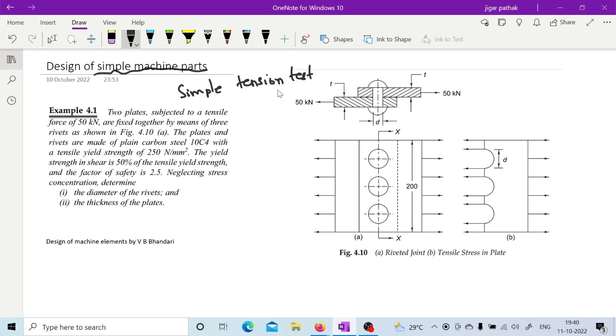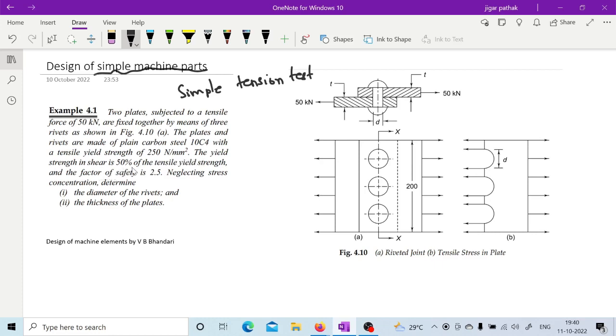So once you have an idea about this simple design procedure, then you can attempt this simple problem. It is mentioned here that these two plates, subjected to a tensile force of 50 kilonewton, are fixed together by means of three rivets as shown in the figure. The plates and rivets are made of plain carbon steel 10C4 with a tensile yield strength of 250 Newton per mm square.